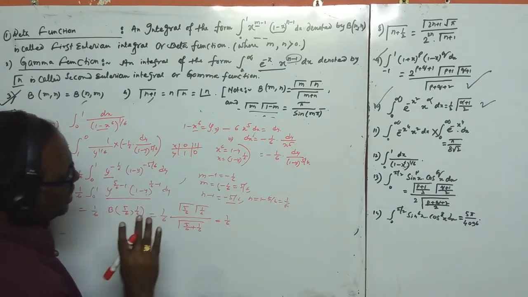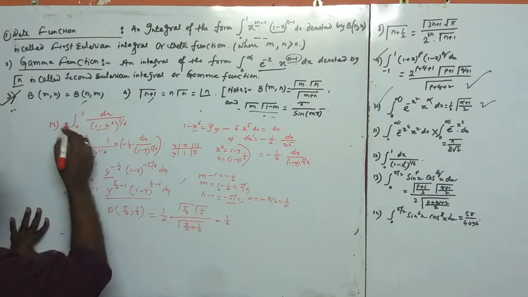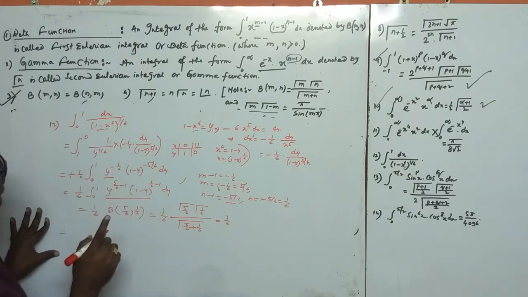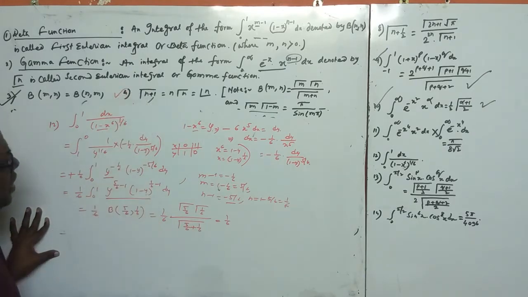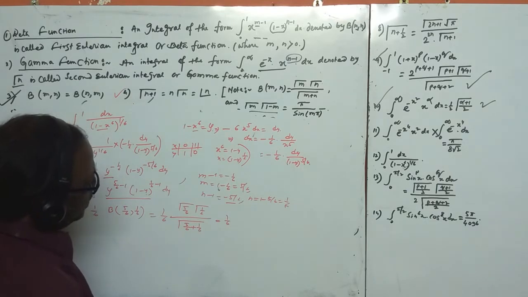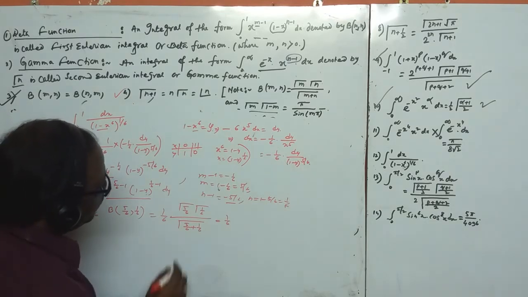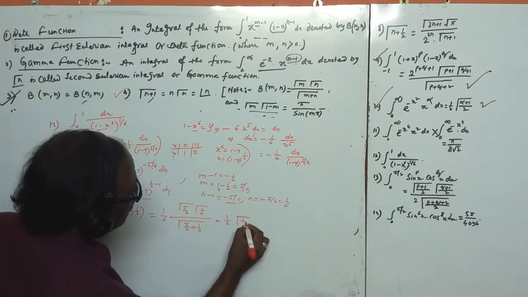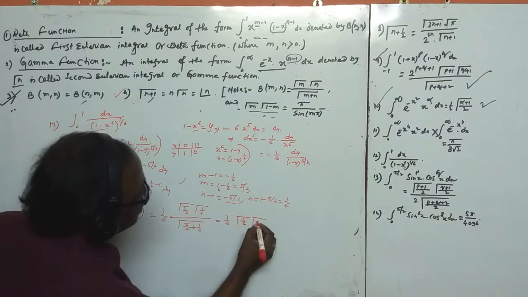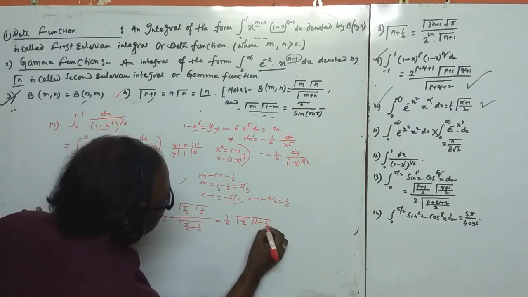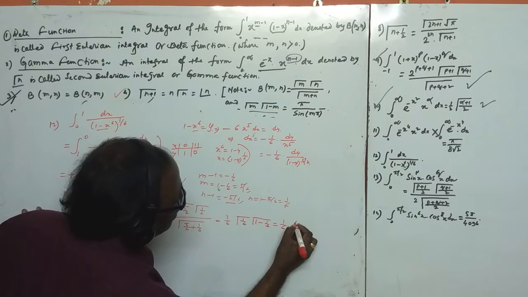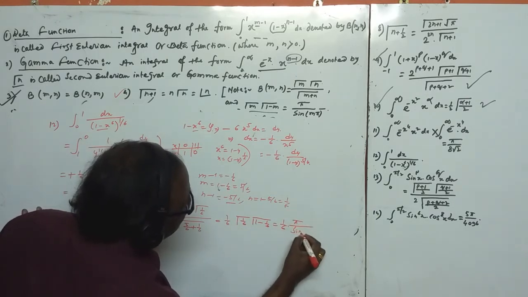Gamma 1 is 1, as seen in question number 4. So now gamma 1 by 6 times gamma 5 by 6, that means gamma 1 by 6 times gamma of 1 minus 1 by 6, is pi by sine pi by 6.